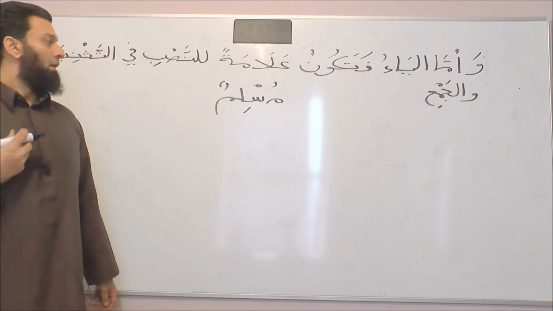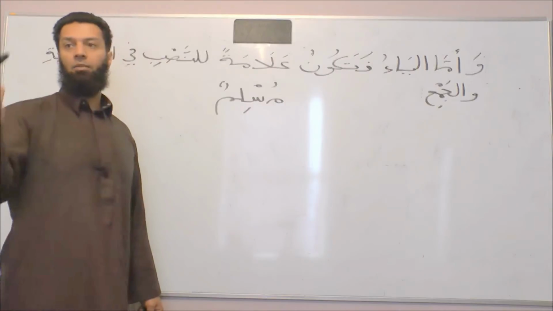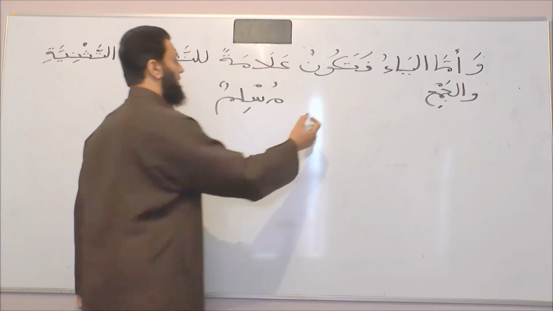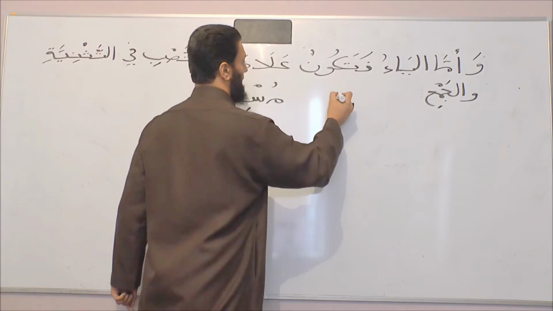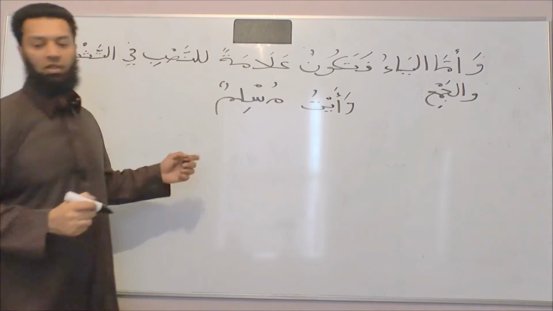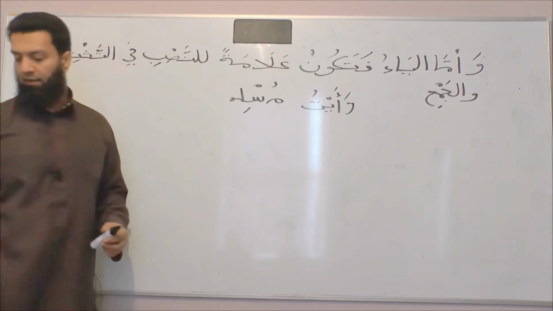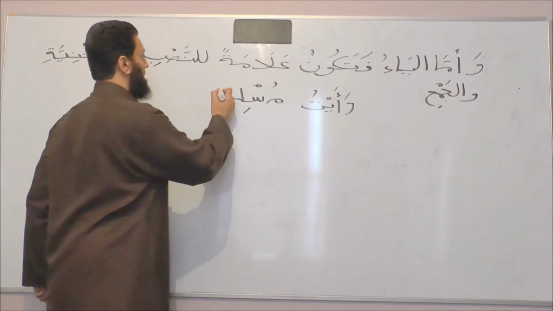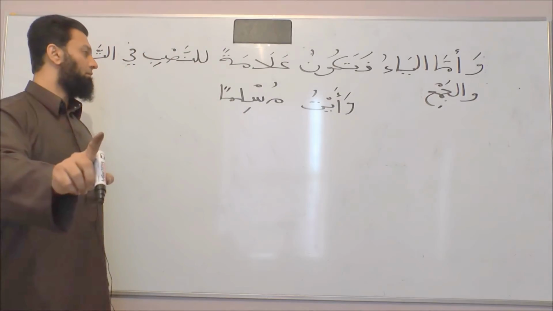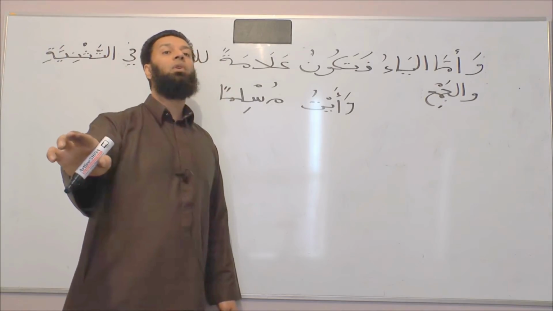If we want to say I saw a Muslim, how do we say it? رأيت musliman. Now I want to say I saw two Muslims.